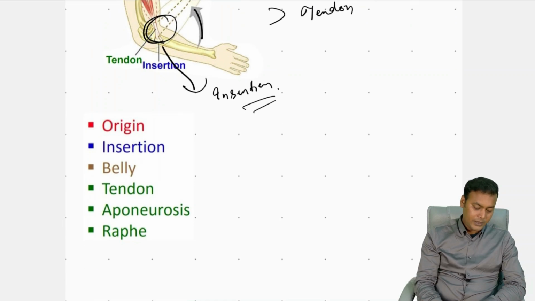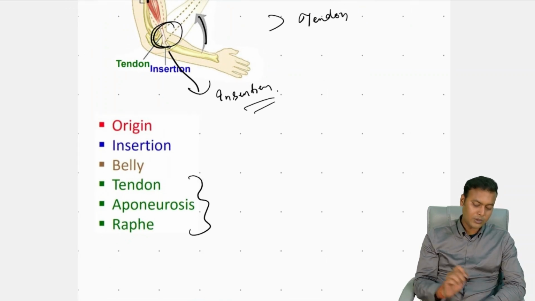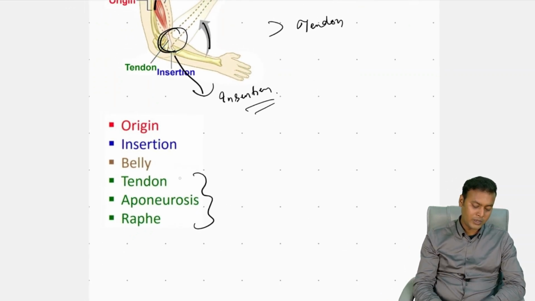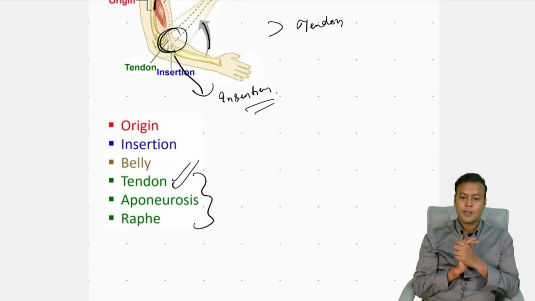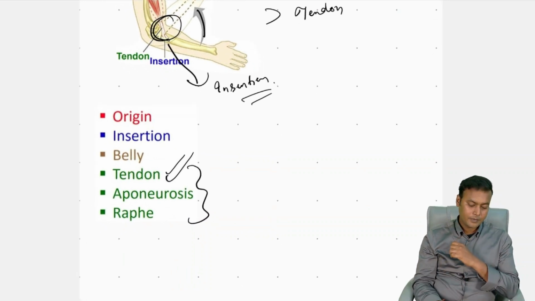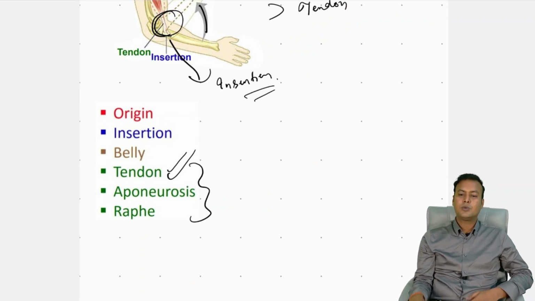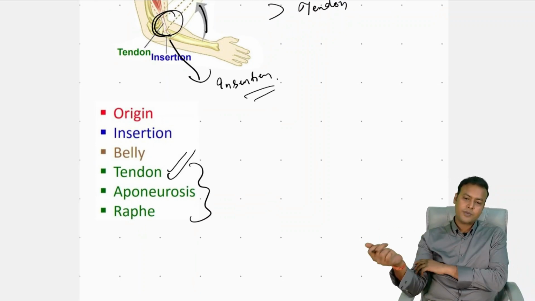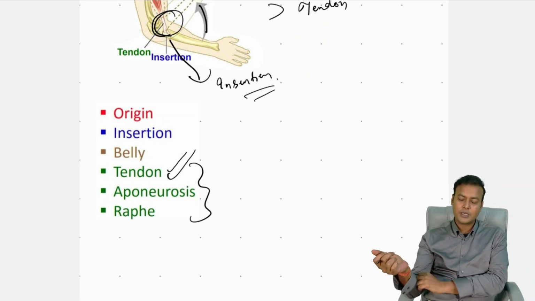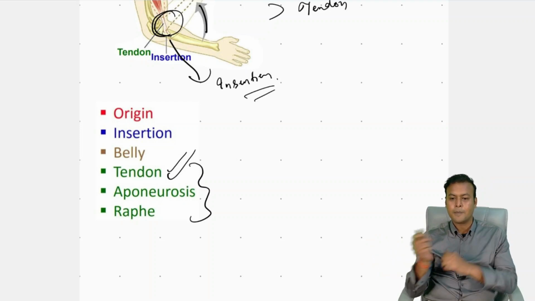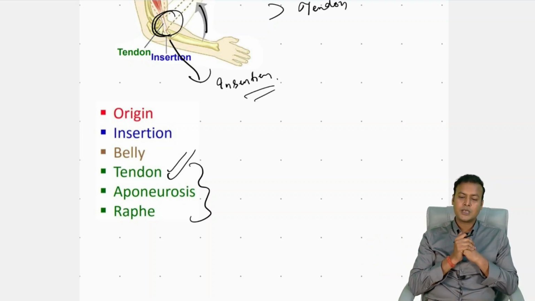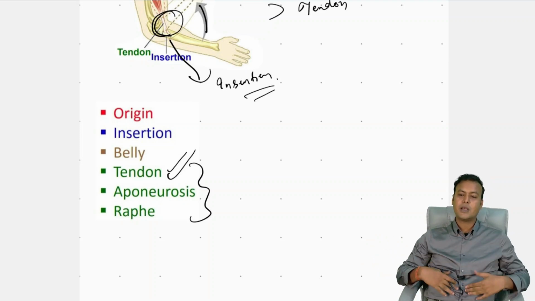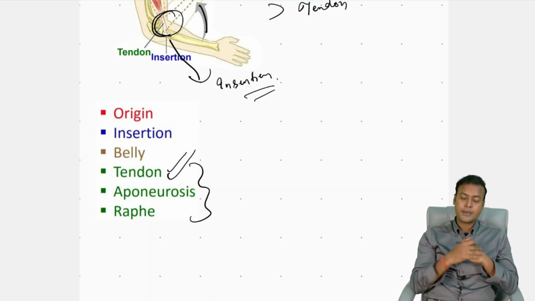Now here are three other terms which are also very important. I told you already about the tendon, that is, the muscle is attached to a bone via a tendon. Now what is aponeurosis? Students, when the attachment of a muscle is on a smaller region, it attaches to a tendon. But in case of large flat muscles, like the muscles in our abdomen and muscles of our back, these flat muscles have a wide region of insertion.